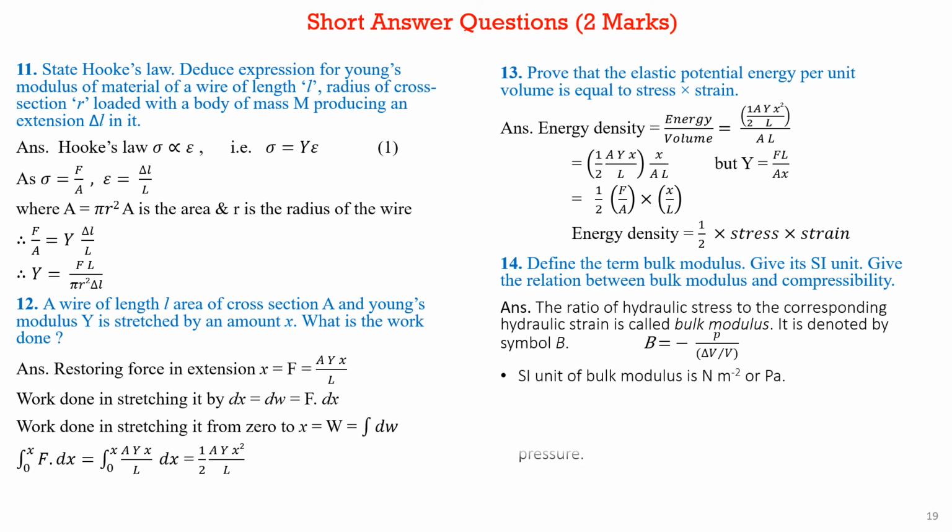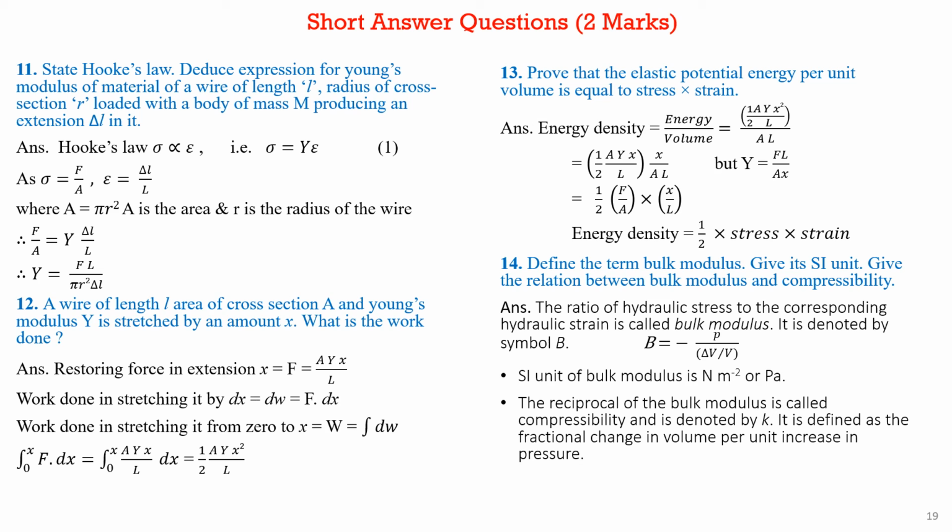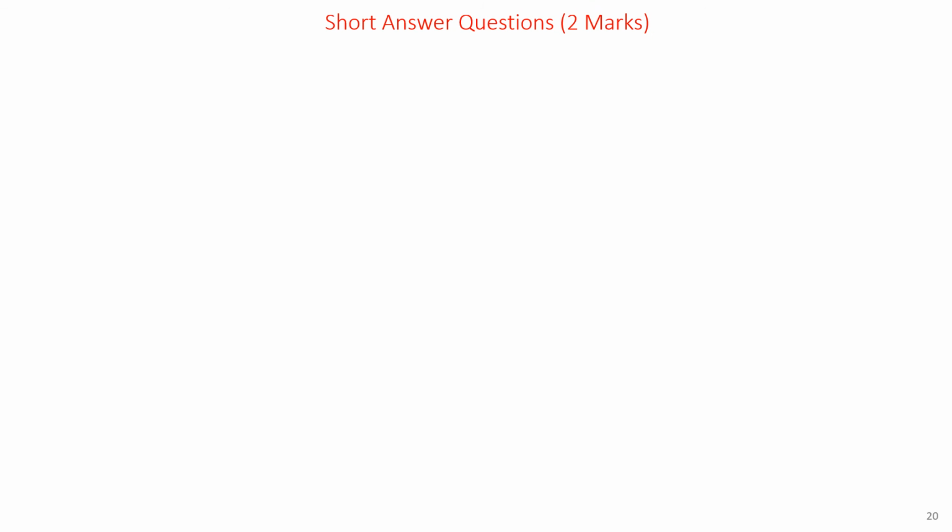SI unit of bulk modulus is newtons per meter square or Pascal. The reciprocal of bulk modulus is called compressibility and is denoted by the letter small k. It is defined as the fractional change in volume per unit increase in pressure. Hence, small k is equal to 1 over B, that is equal to minus of 1 over delta P into delta V by V.